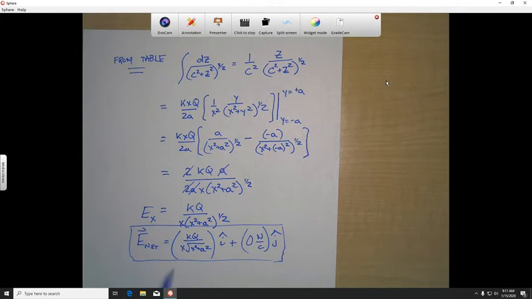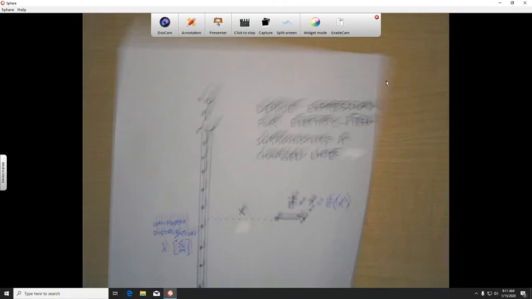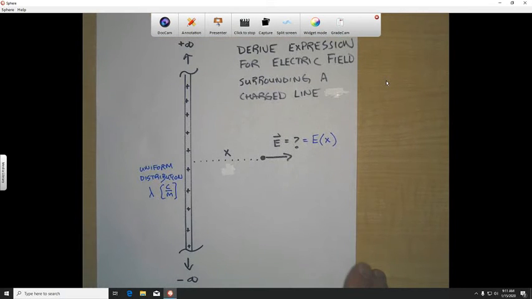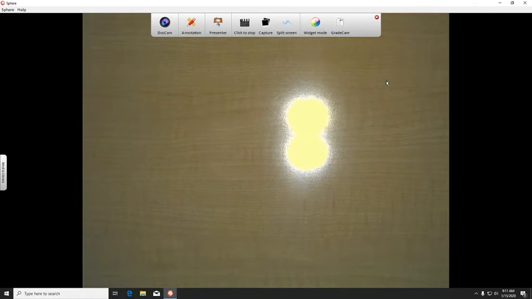I want to come back to our question about what if the line was infinite? What could we do? It's pretty easy to show you with a limit what happens.